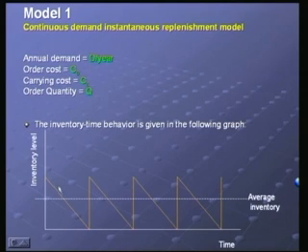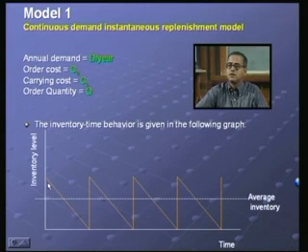We can compute the average inventory in more than one way. An easy way to do it is: the total inventory is the area under the curve, divided by the period, which would give the average inventory. Now area under this triangle in a cycle is half into base into height, half into T, which is the cycle, into Q, divided by T will give us Q by 2.